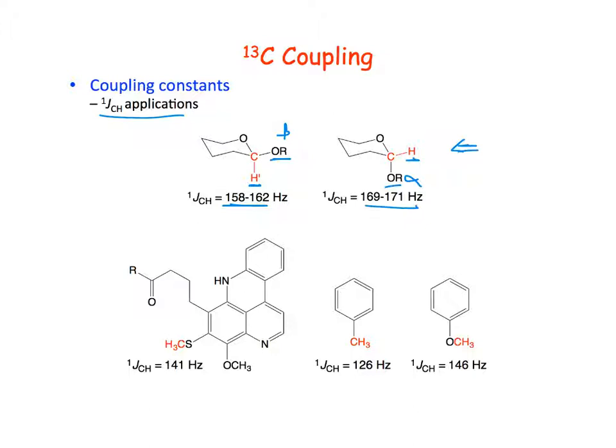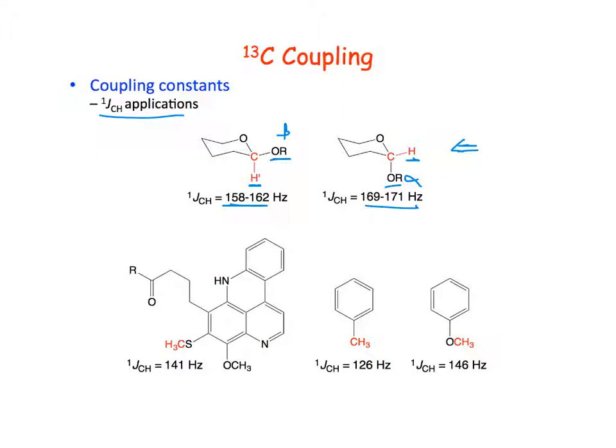If that anomeric proton is well separated from other protons in the proton spectrum, you might be able to just blow it up, look for the C13 satellites, and measure the coupling constant and determine the stereochemistry. So it's a direct way to do that.